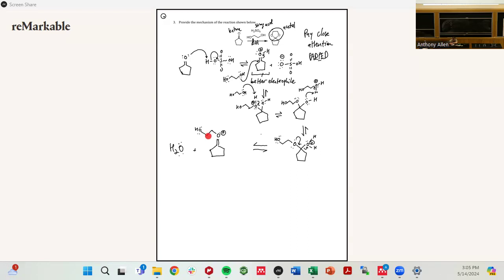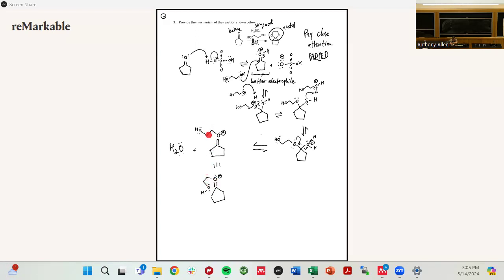From here, it's kind of difficult to see, so you could just draw this, but I'm going to draw a different conformation that hopefully makes it easier to see how you form your ring. So these structures are the same.